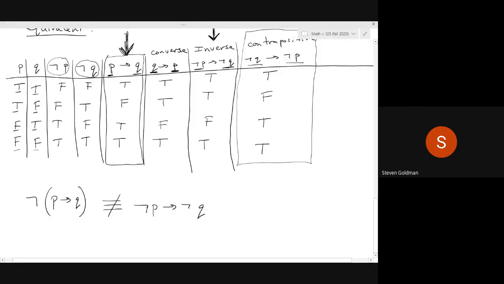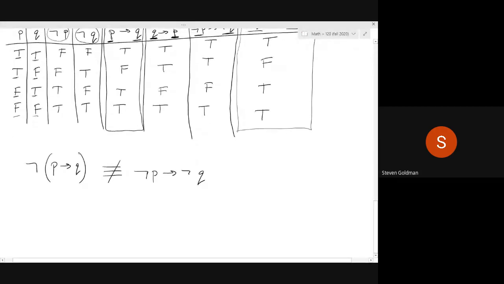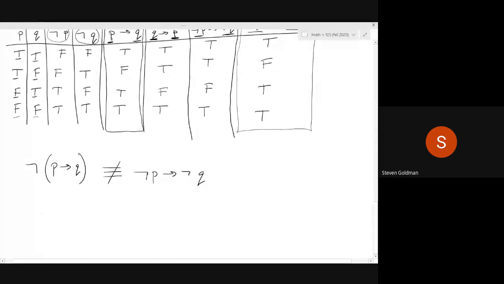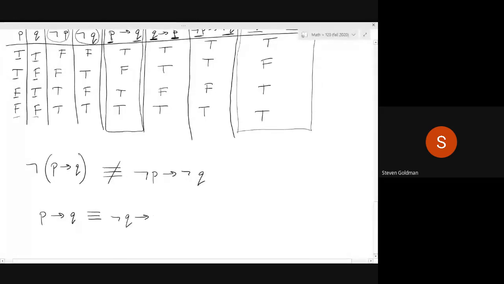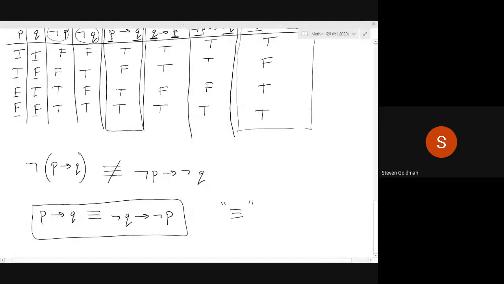The way we write that is with a triple equal sign: "if P then Q" is logically equivalent to its contrapositive, "if not Q, then not P." This symbol means logically equivalent.